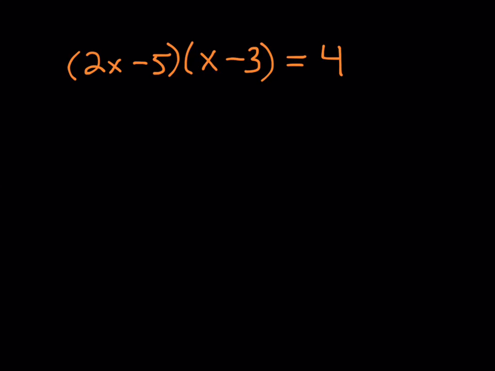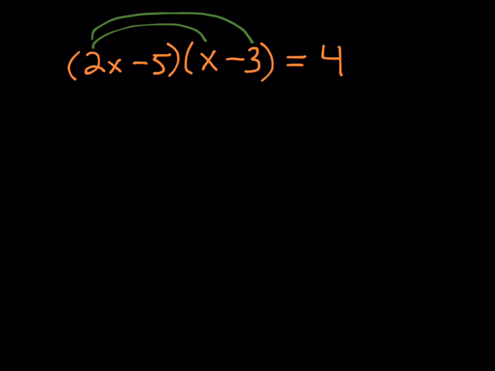Okay, so to put this in standard form, I would multiply first, and you can use FOIL or you can distribute. So distributing is 2x times x, 2x times negative 3, and then negative 5 times x, and negative 5 times negative 3. And FOIL is multiplying the first terms, the outer terms, and then inner, and then last.